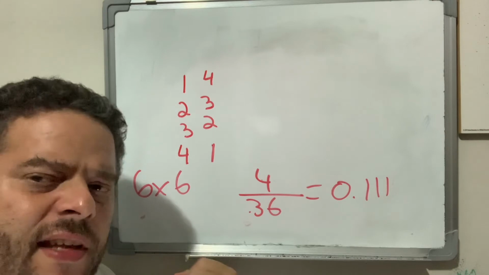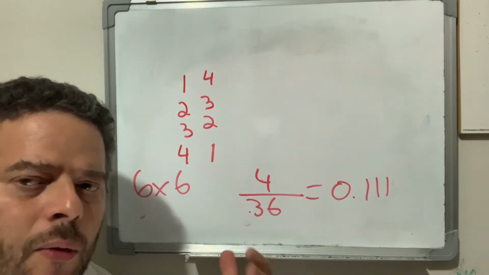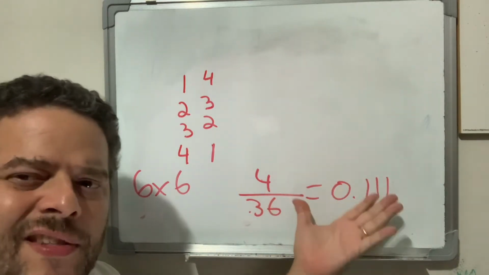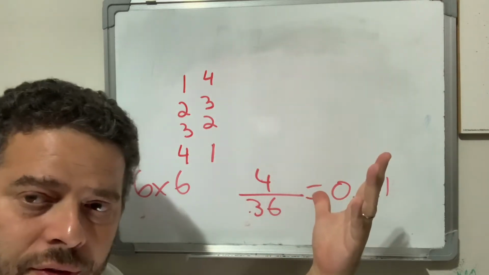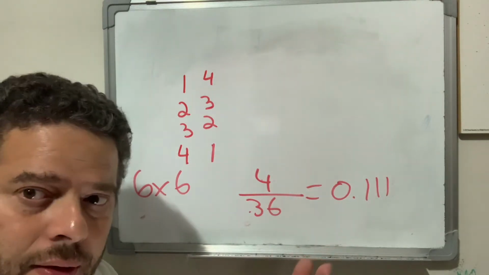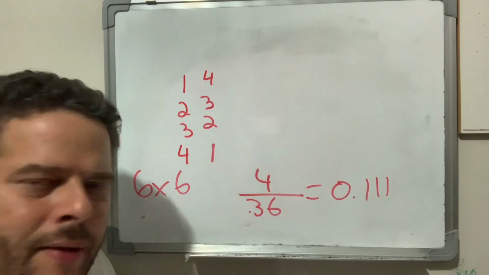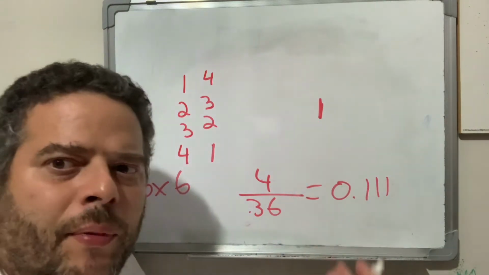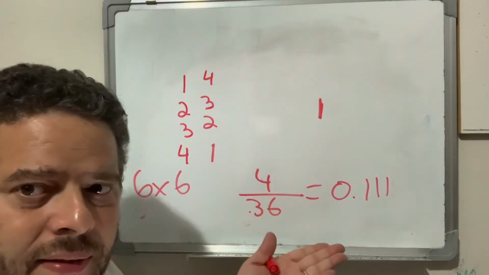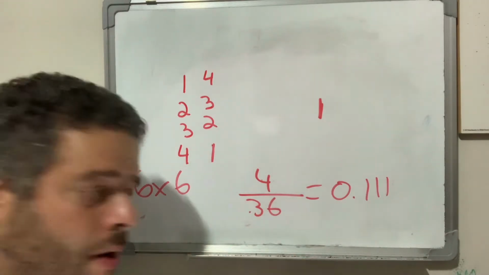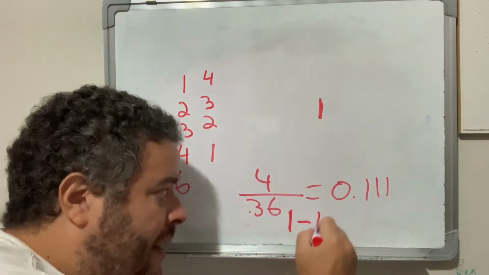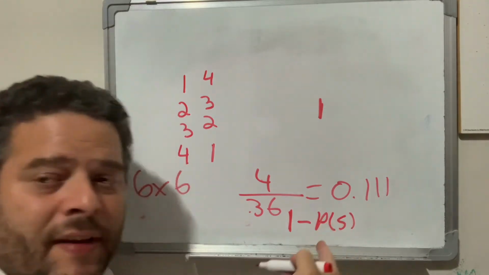When we went over set theory, the complement was what was this missing to become the universe? The universe being everything. Since everything in probability would be the number 1, meaning 100%, the complement of this event would be 1 minus the probability of that event happening.